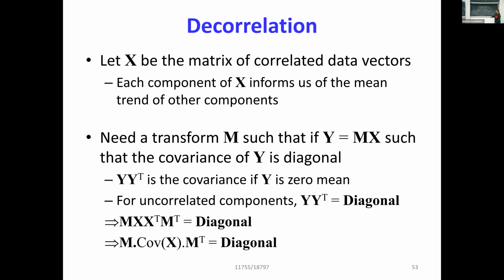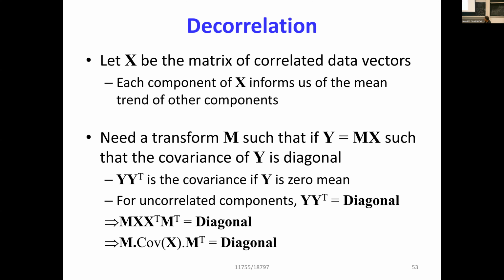So the correlation matrix is going to be proportional to Y times Y transpose, which is simply M times X X transpose times M transpose, to within a scaling constant. But then X times X transpose is simply the correlation matrix of X, and you want this guy to be diagonal, right?